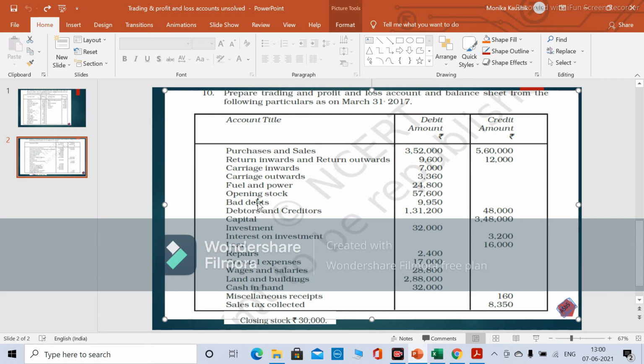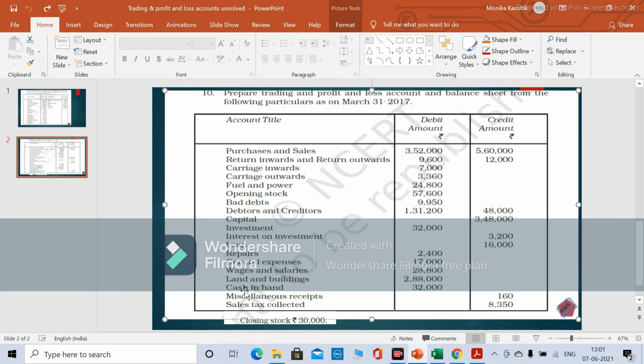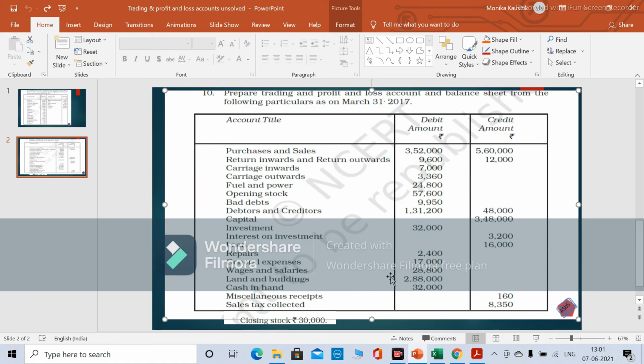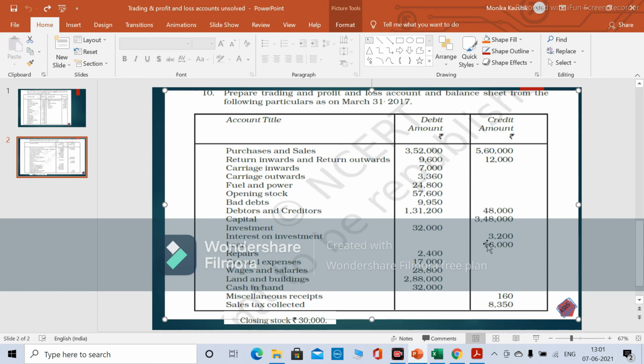Now bad debts already done. Opening stock. Okay, so let's recheck again. Closing stock done. Cash in hand done, 32,000. Land and building 288,000 done. Loan 16,000. Investment 32,000.